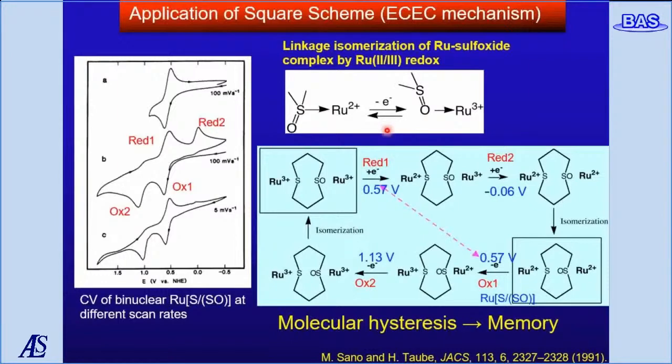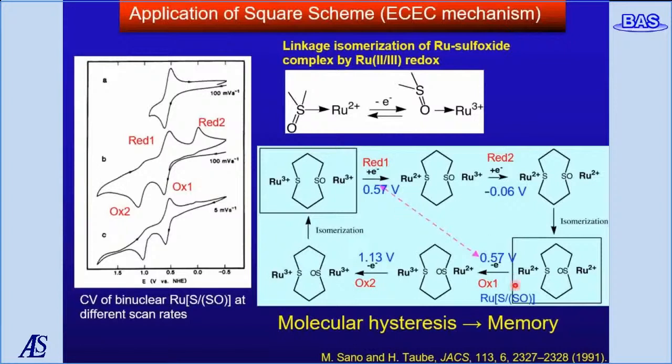Considering this result, a dinuclear ruthenium complex with both sulfide and sulfoxide ligands has been synthesized, and its CV has been measured as shown here. The CV response is a little bit complicated, but we can interpret it by ECEC mechanism.